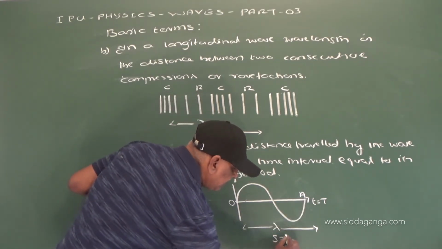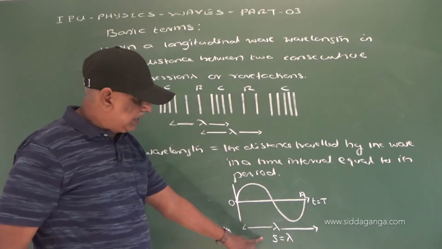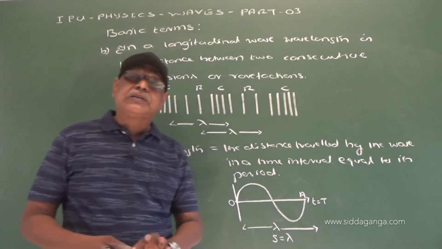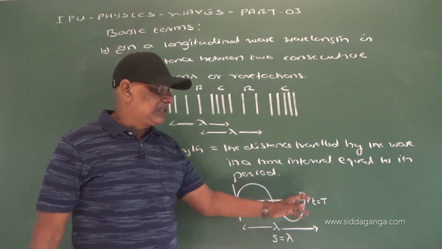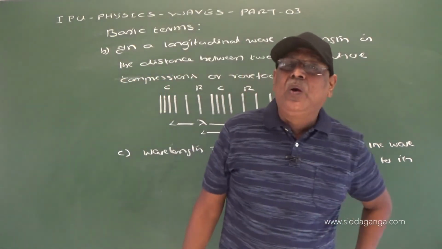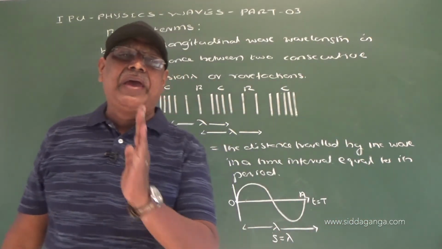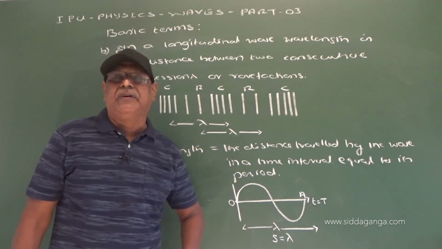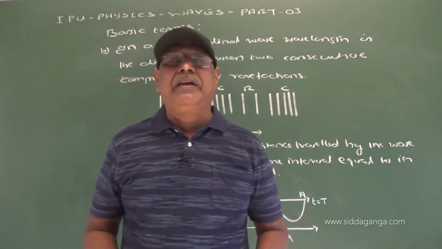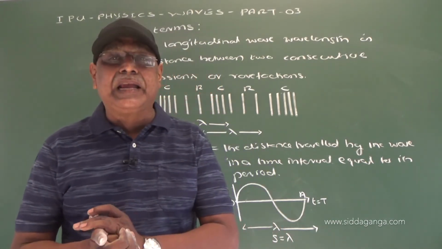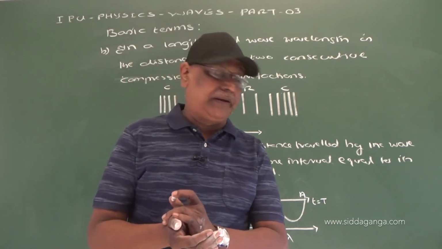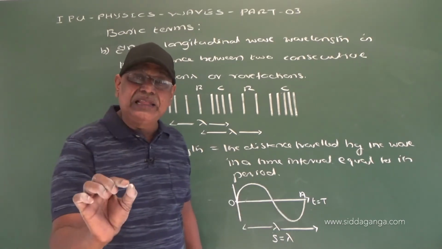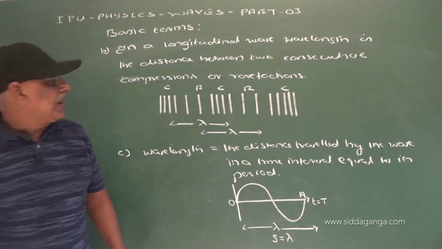So the distance traveled by the wave, S, is equal to lambda in a time interval equal to T. Also, OA is a wave pulse or a single wave consisting of a crest and a trough. So the wavelength of a wave is also the length of a single wave.